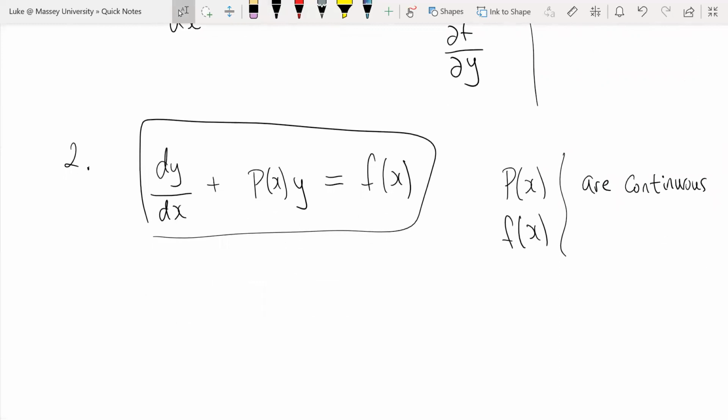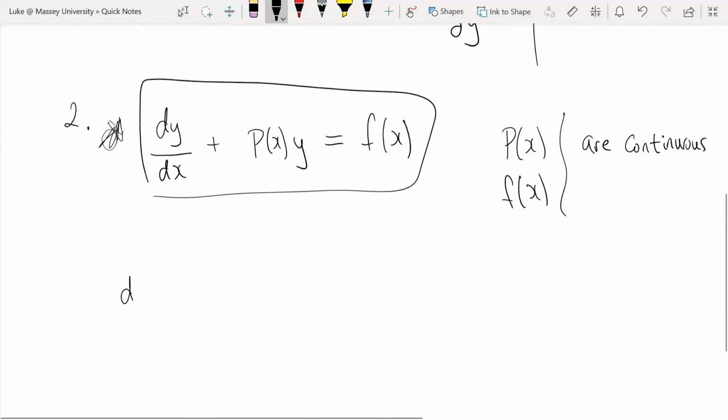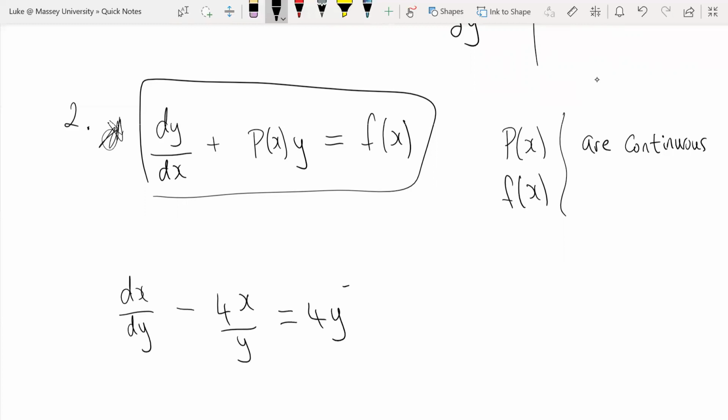So this number 2 here is what we're going to use to solve these two problems in the study guide. Let's rewrite that study guide problem again: dx by dy minus 4x over y equals 4y to the power of 5.